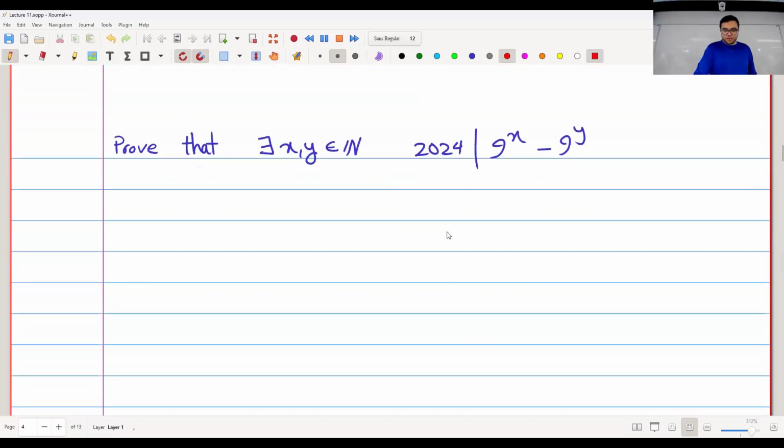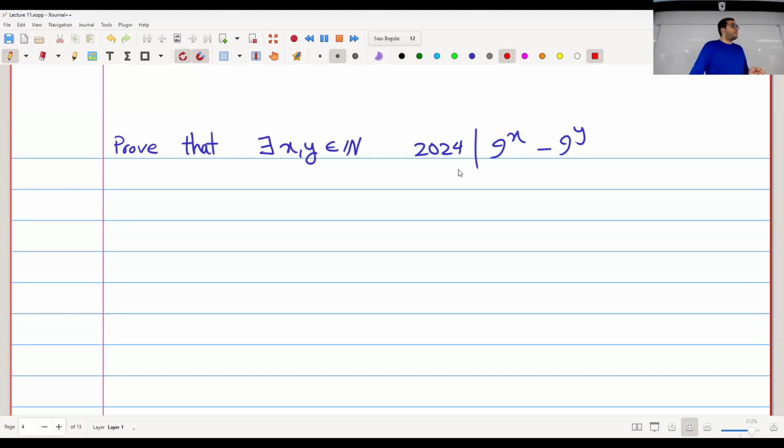Let's go to the next one. I want you to prove that there are 2 natural numbers x and y, such that if I look at 9 to the power of x and I subtract 9 to the power of y, the result is a multiple of 2024. So another way of looking at this is that I look at the powers of 9 and I look at the remainder when divided by 2024.